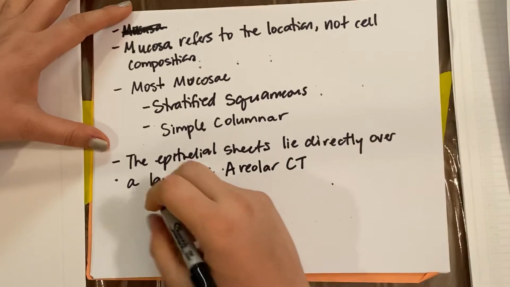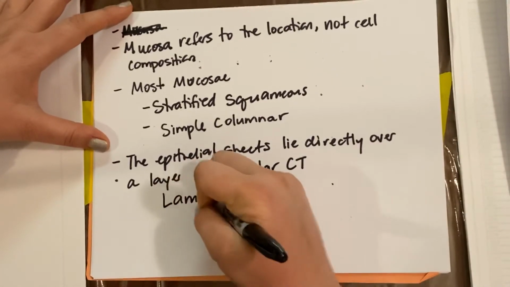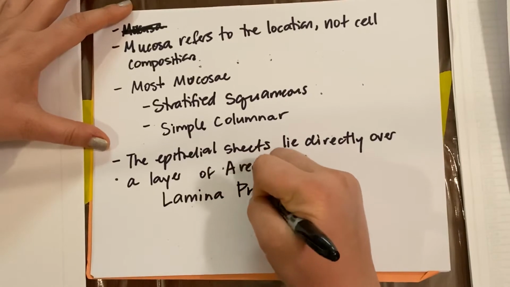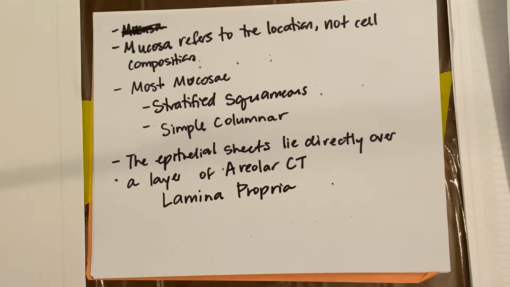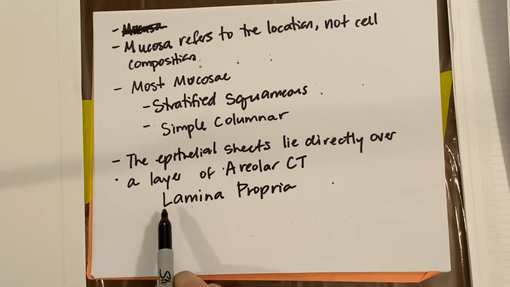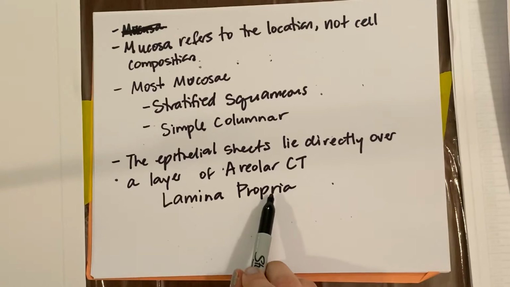And we usually are going to call that the lamina propria. Okay, and so you'll see this is the layer right beneath the epithelial tissues.